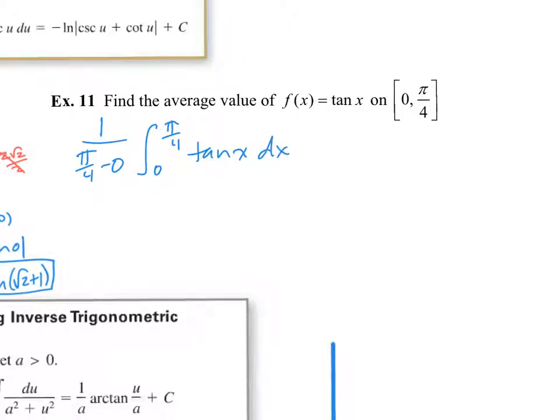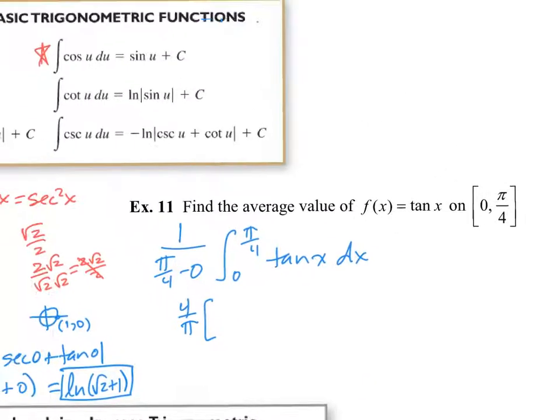All right, so that would be, well, first of all, 1 divided by pi fourths. Remember, when you divide by a fraction, it's the same thing as multiplying by the reciprocal. So that would be the same thing as 4 over pi, times, now, what is the integral of tangent x? Well, let's go back and look at our chart.